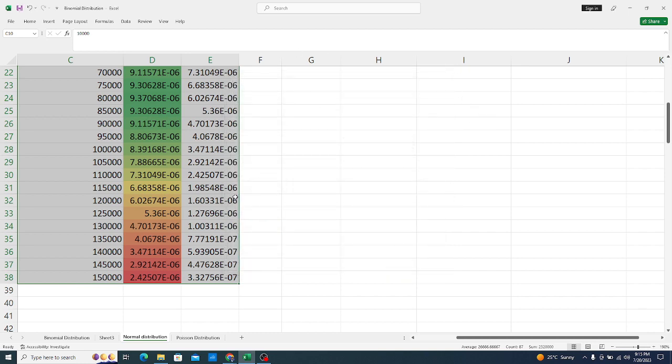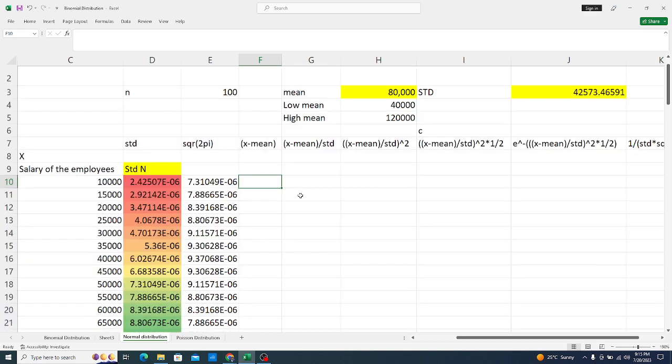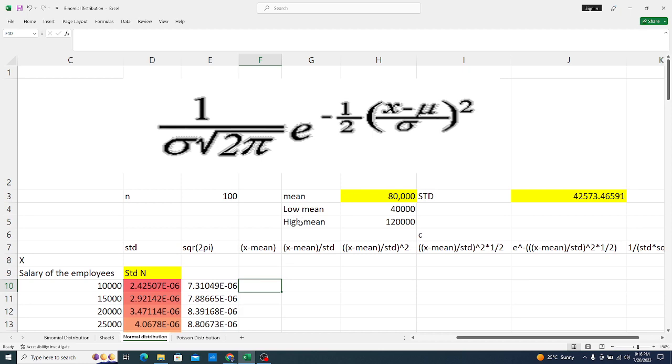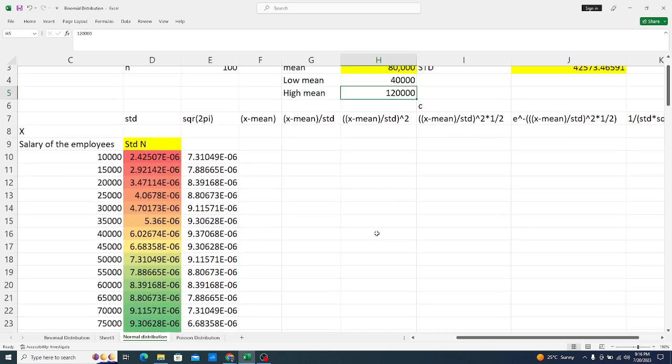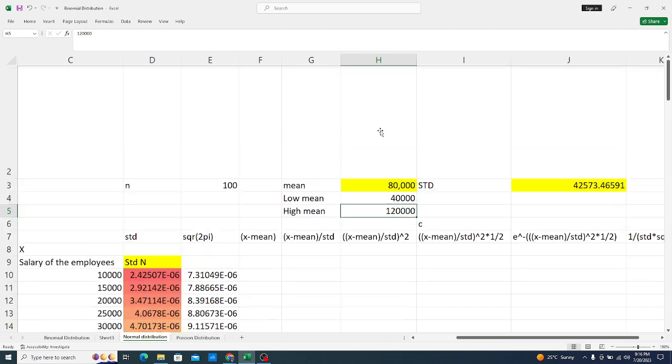Nice. Okay, we'll also need another one for when we are working with the value of mean.